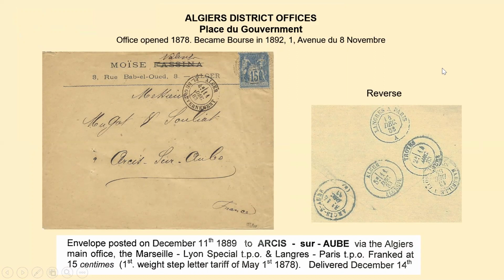Algiers district offices, last Gouvernement, opened in 1878, it changed its name to Bourse in 1892.